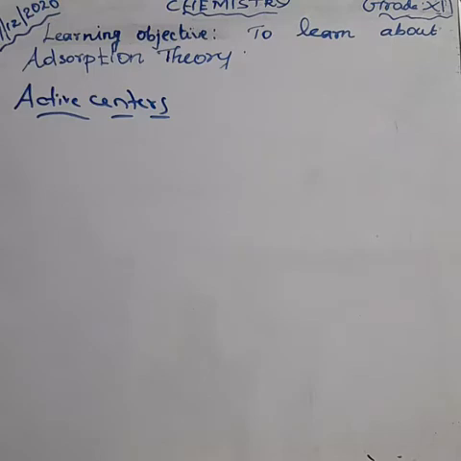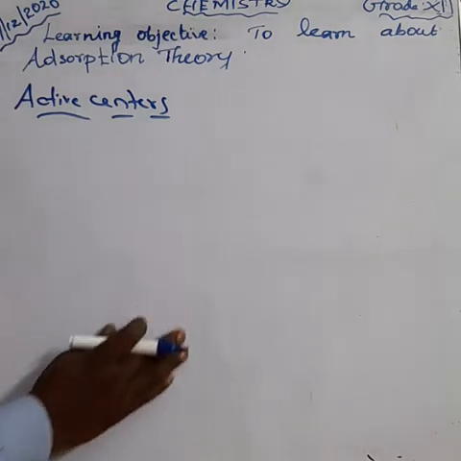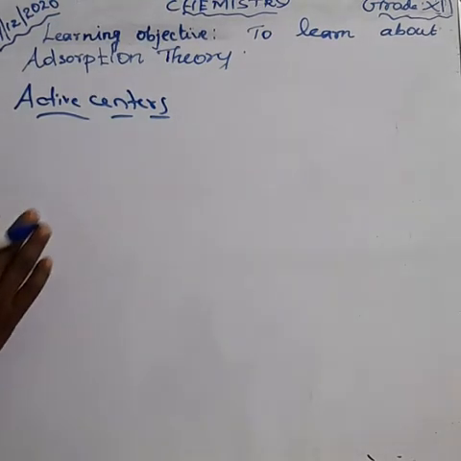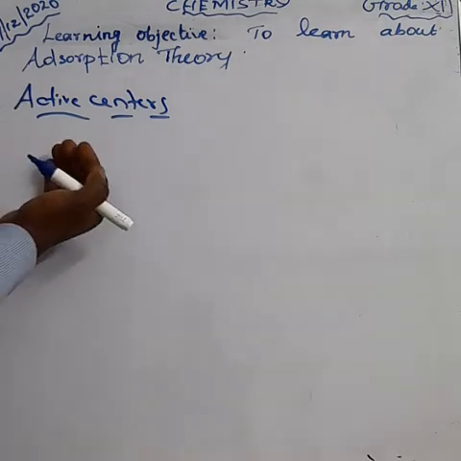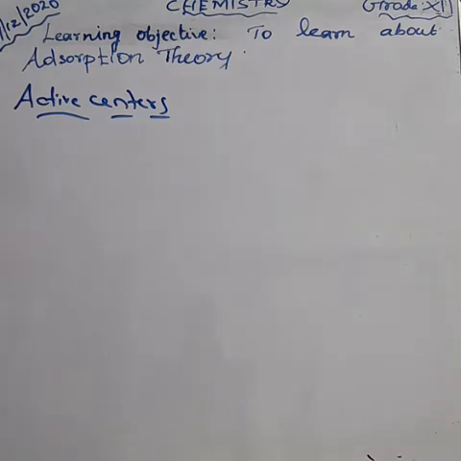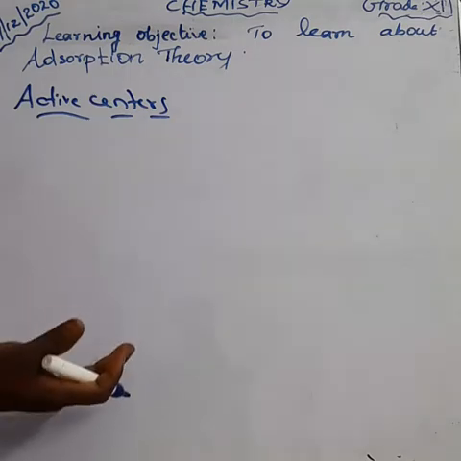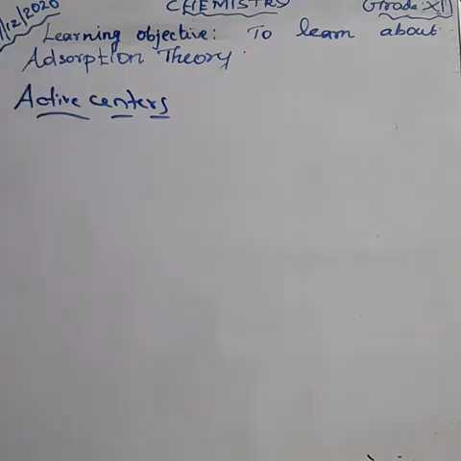So the surface carries high surface free energy. Here we can explain the presence of active centers. What is the main function here? If there are more active centers, the rate of the reaction increases.